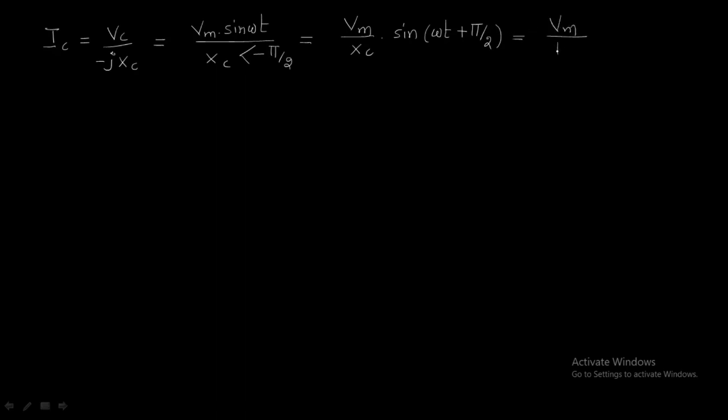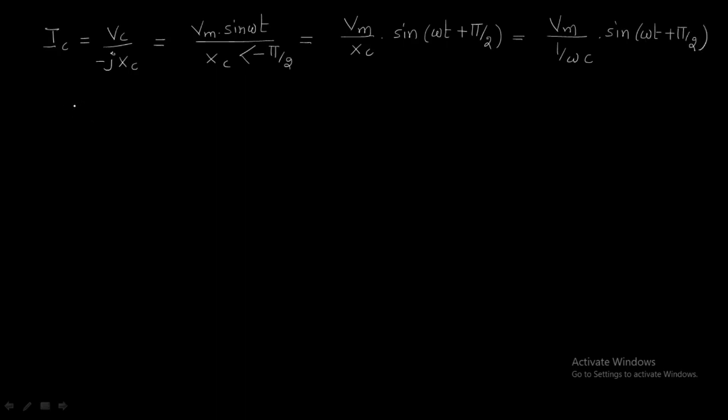Vm sin omega t by XC at an angle of minus pi by 2. We can write it as Vm by XC sin omega t plus pi by 2. And it will be modified like this: Vm, what is XC? You know that 1 by XC is omega C, into sin omega t plus pi by 2.